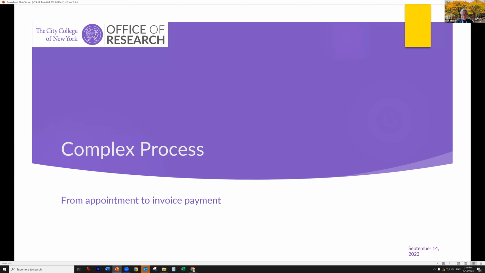This appointment process has been a very complex process in the past, because the costs associated with these appointments involve a lot of research foundation accounts, and there are many issues associated with how these accounts pay for these appointment costs.